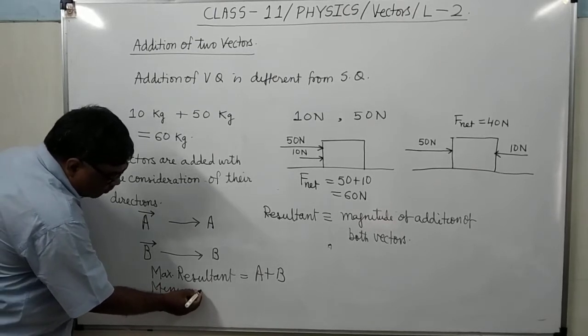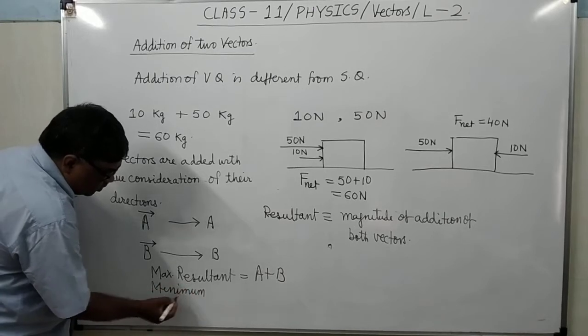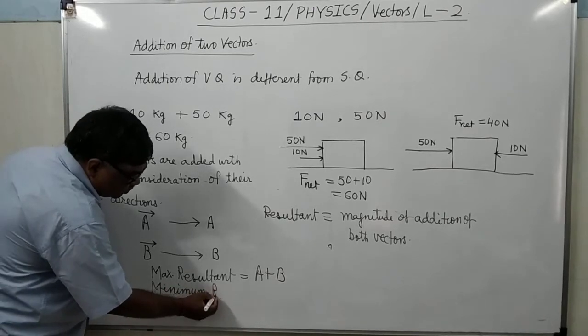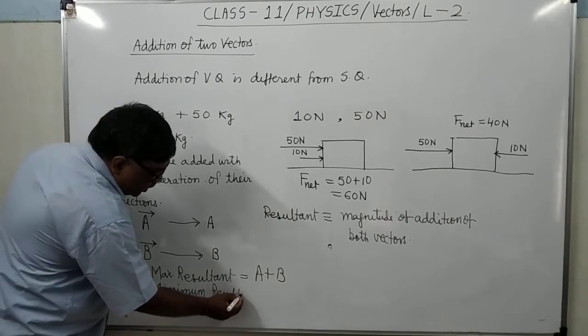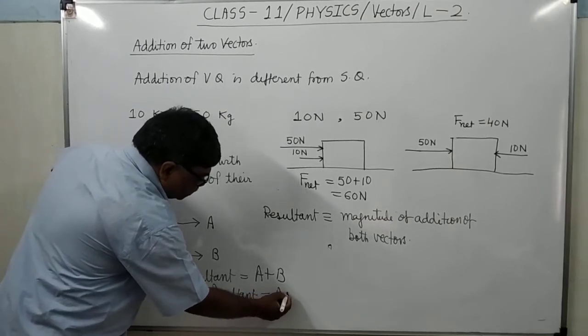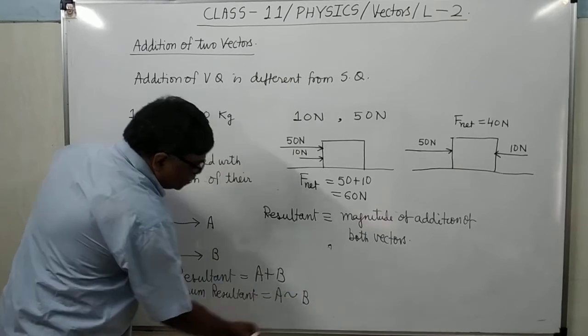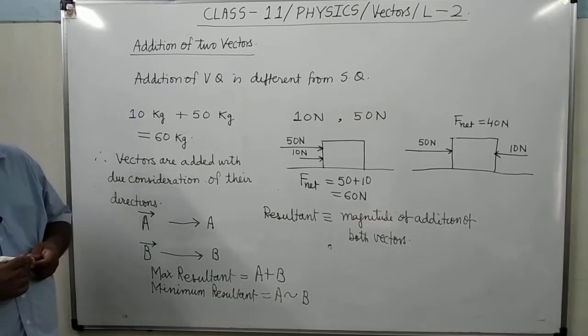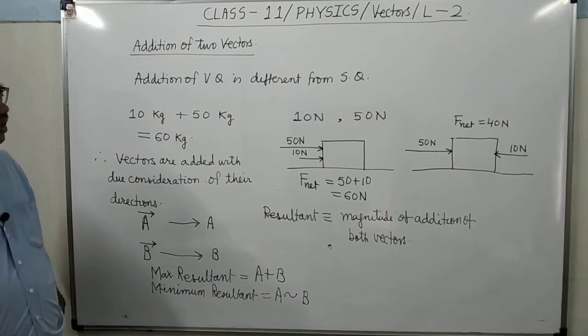The minimum resultant will be the difference of A and B. A difference B means A minus B or B minus A.